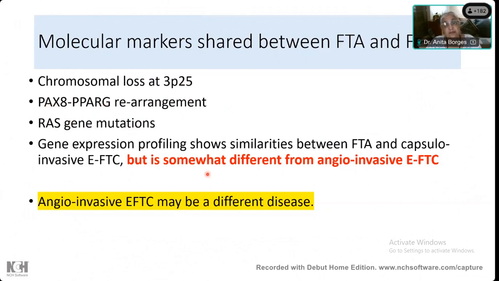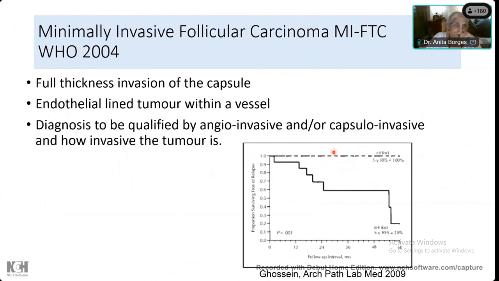But there is something different about the gene expression profile of those tumors that show angioinvasion. And angioinvasion, I think, is much easier to diagnose than capsular invasion, and therefore angioinvasive carcinoma will be a different disease.